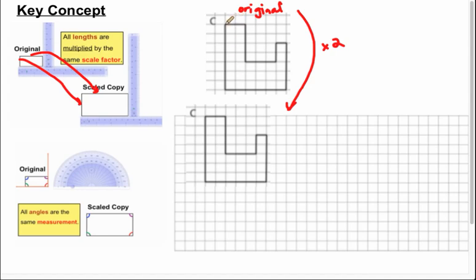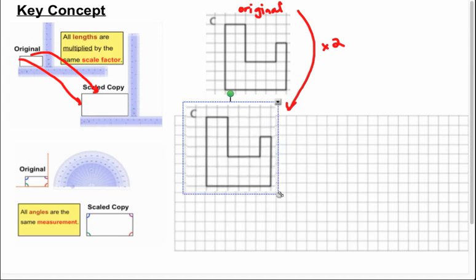If you look here, this has a length of 2 units, and I would multiply that by 2 to get 4. I multiply this length right here by 2 as well. Right now it's 1, 2, 3, 4, 5, 6 units long. So it will be 12 units long in our scaled copy. Let me show you how that would work.